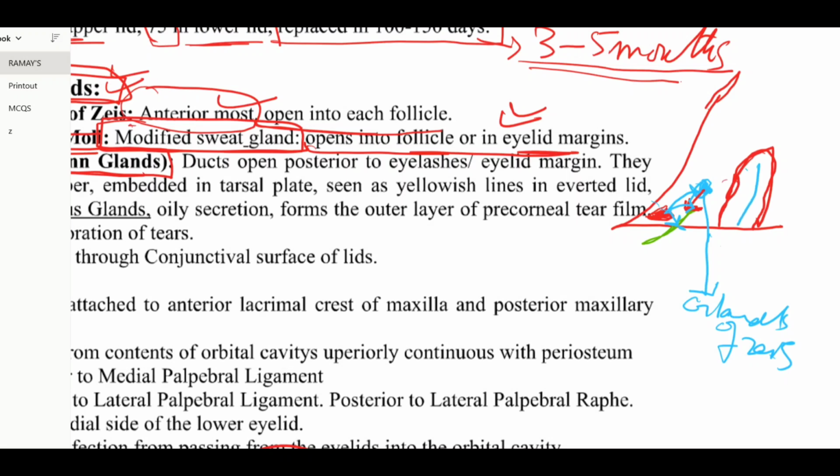I have shown you the openings present here. These are the glands located within the tarsal plate or the tarsus. So these are known as tarsal glands or Meibomian glands.